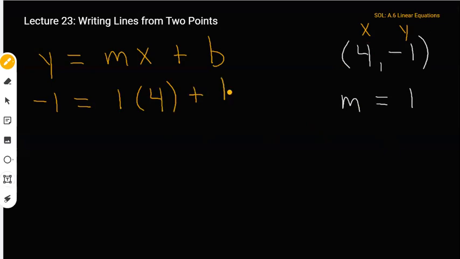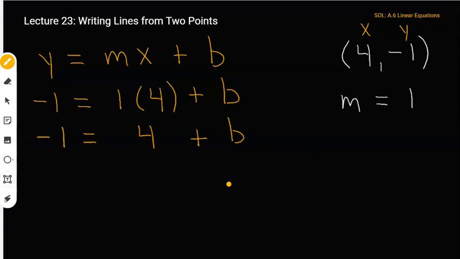I still don't know what b is yet, but we're about to figure that out. So now the only thing that I can do is multiply 1 by 4. 1 times 4 is 4. I bring down my plus b and my -1.